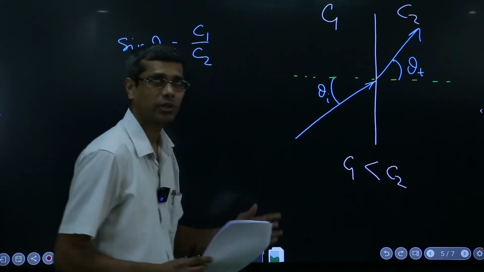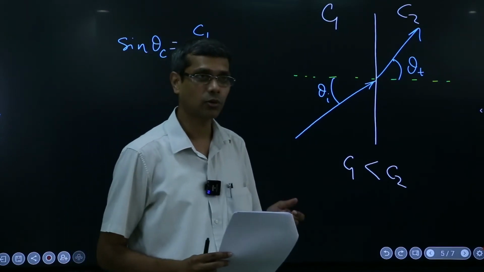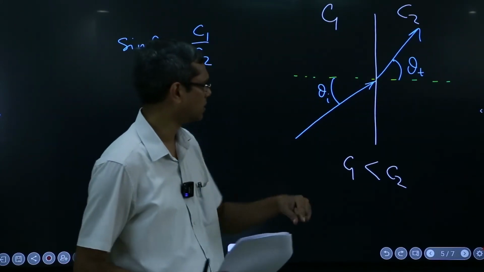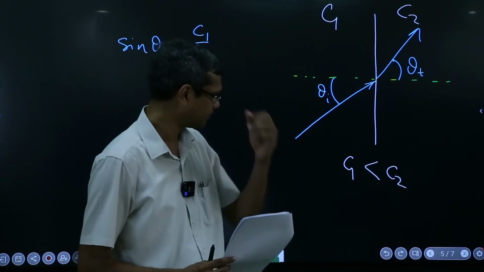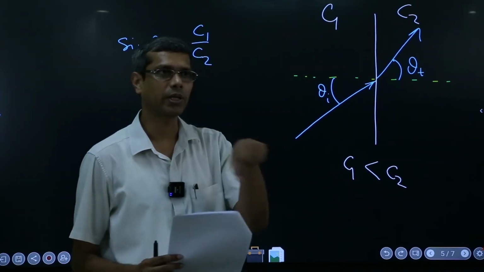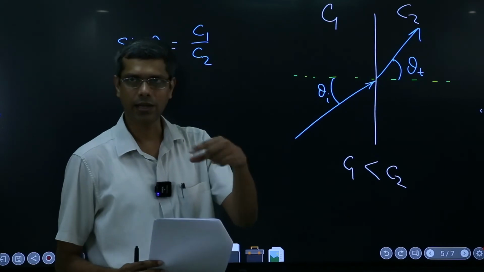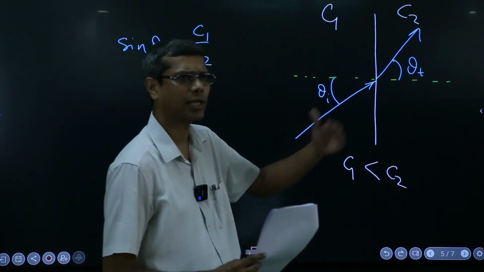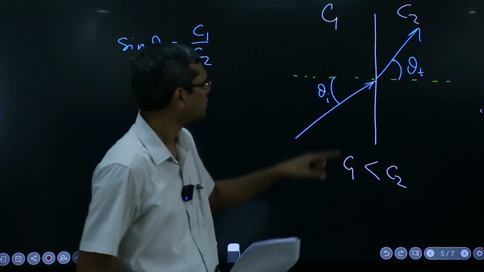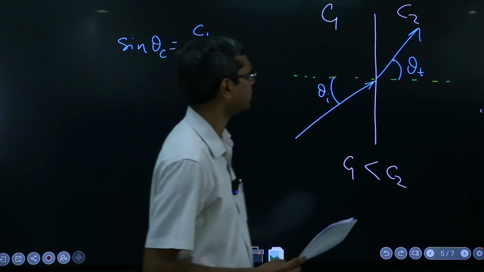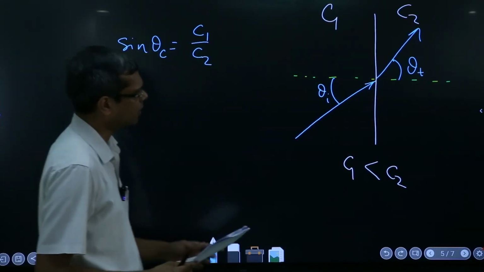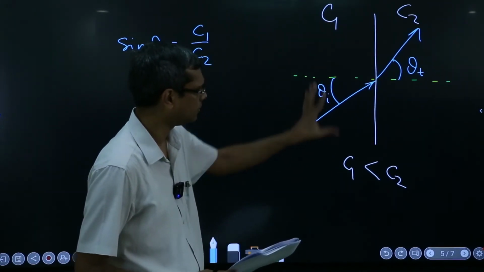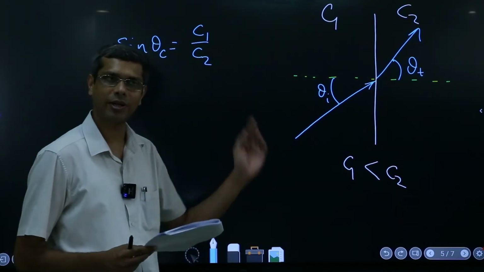In light, you called it total internal reflection. That is why in fiber optic cables, total internal reflection keeps happening and the light never escapes from the tube. So beyond a certain angle, if you impinge the sound, it will be reflected back.